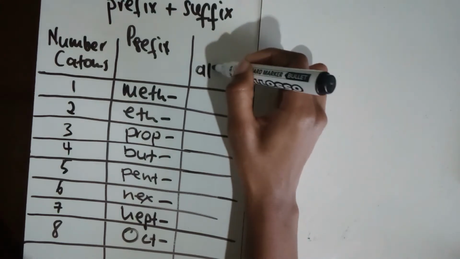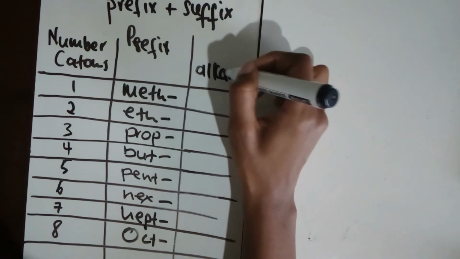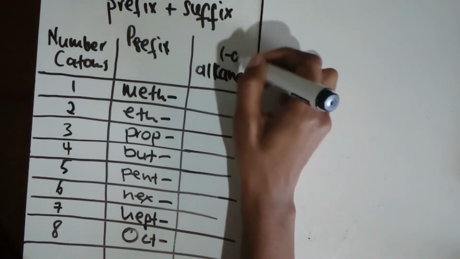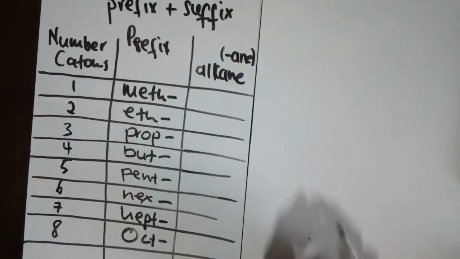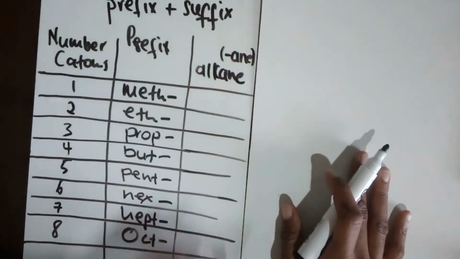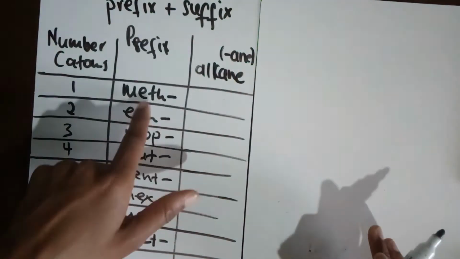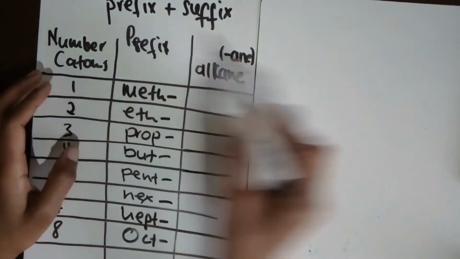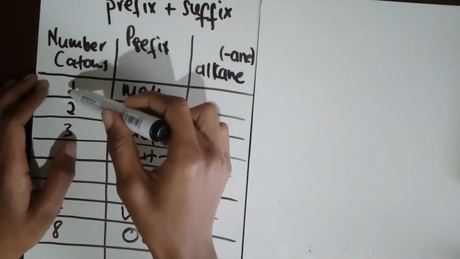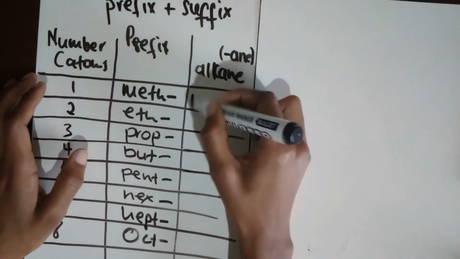if it's an alkane, the last part is going to end with ane. If it's an alkane, the suffix is going to be ane, and then we just add the prefix and the suffix. For a molecule with one carbon atom, meth plus ane is going to give us methane.